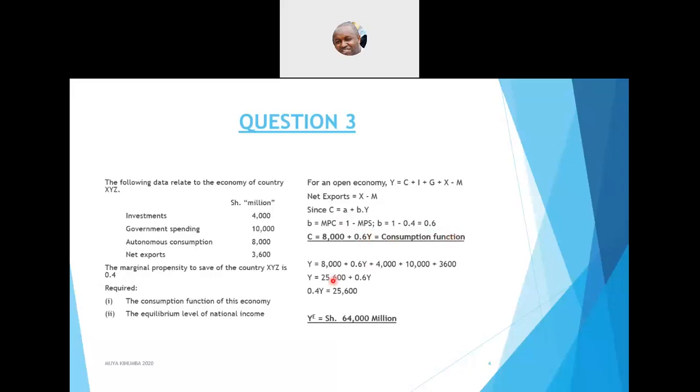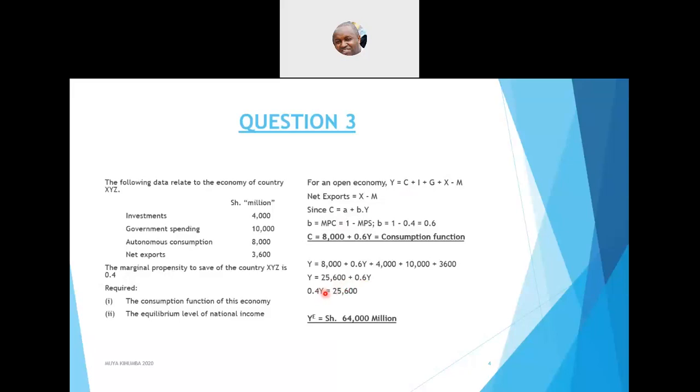And from there, we could compute our national income at equilibrium. We substitute for our values in this equation. We know that C is 8,000 plus 0.6Y. Investment expenditure is 4,000. Government expenditure is 10,000. And net exports is 3,600. And therefore, this would give us Y to be 25,600 plus 0.6Y.